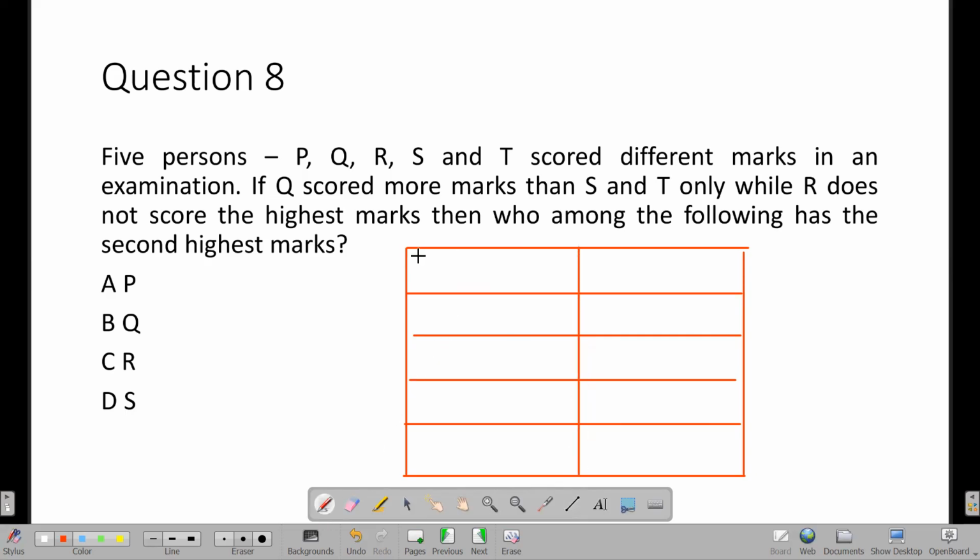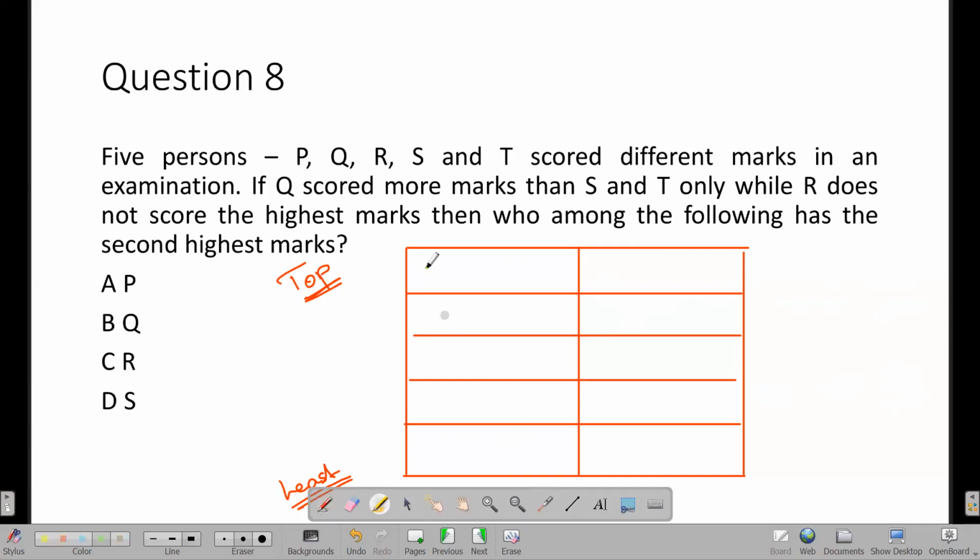Now observe this closely. Q scored more marks than. So kindly note, the convention is this is for the topper and this is for the person with the least mark. The person who got the least mark, I am presenting at the bottom. Top mark, the number 1, at the top position here.